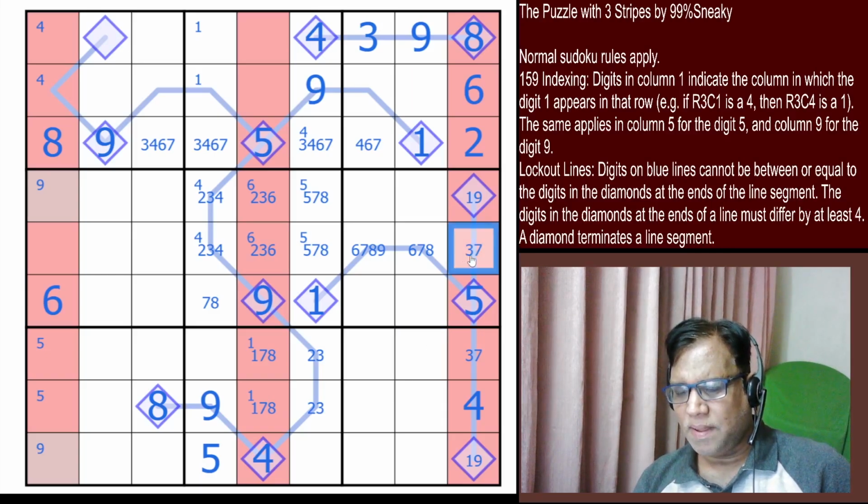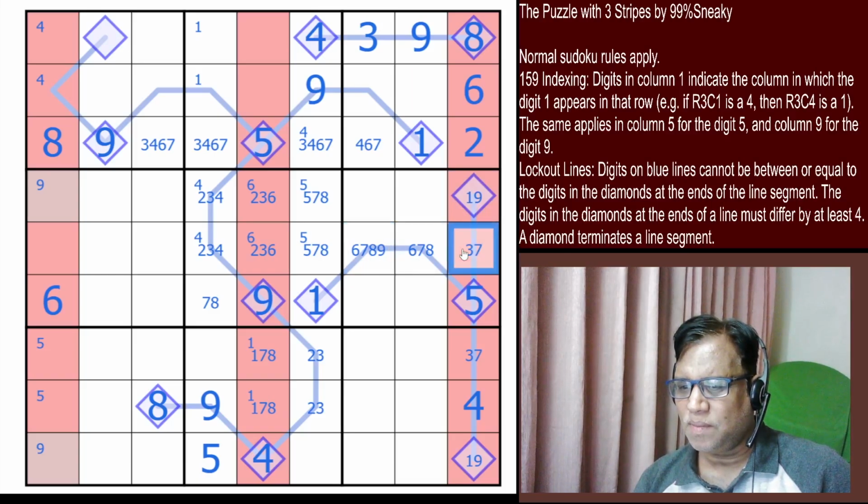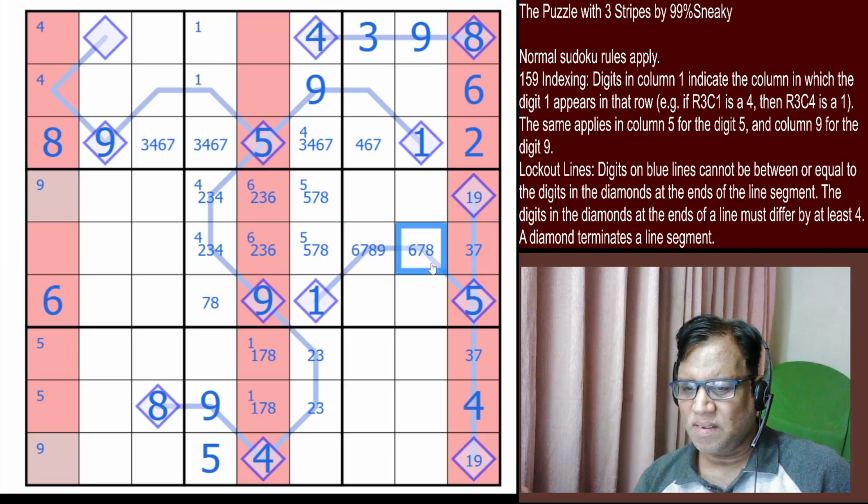If that's 7, that's 1, and this will be 6, 8. If that's 7, that should be 1. That's 6, 8, 9. In fact, that would be 9, right? If that's 7, that's fine.